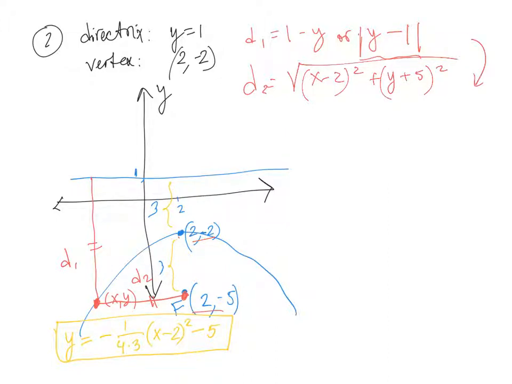And I'm claiming that these are equal. So I'm setting them up equal: 1 minus y equals square root of x minus 2 squared plus y plus 5 squared. I'm going to square both sides. So 1 minus y, I'm going to square it.